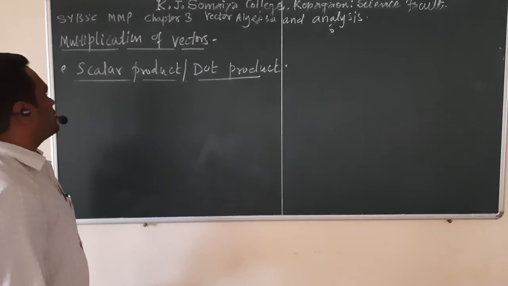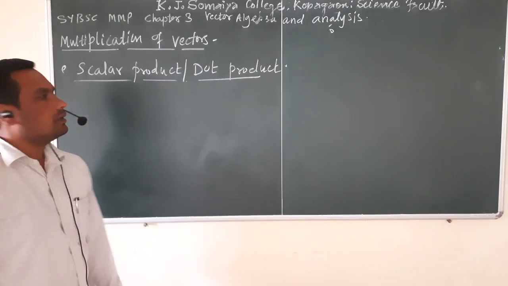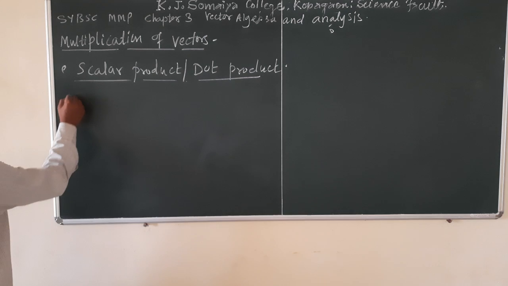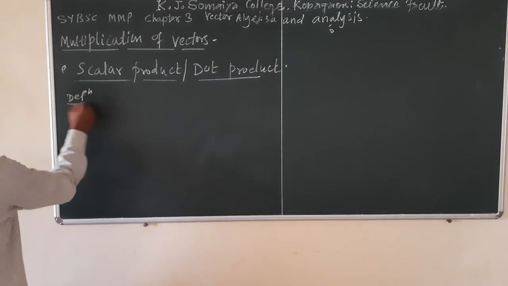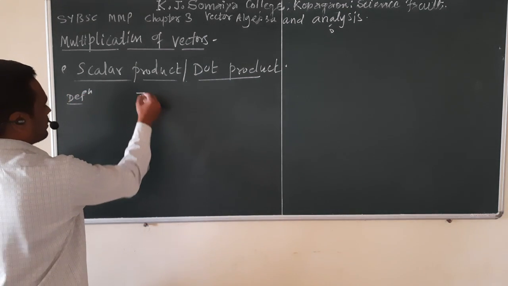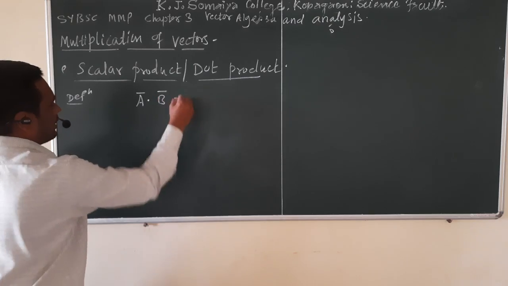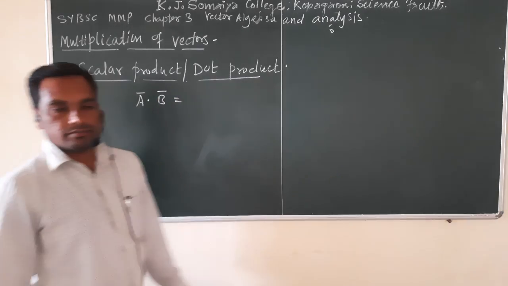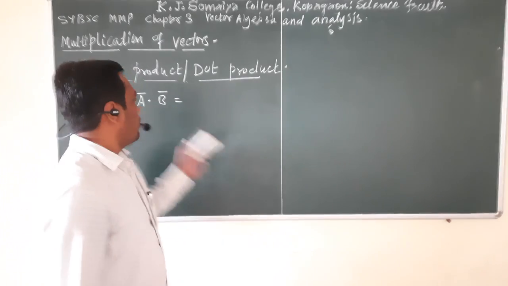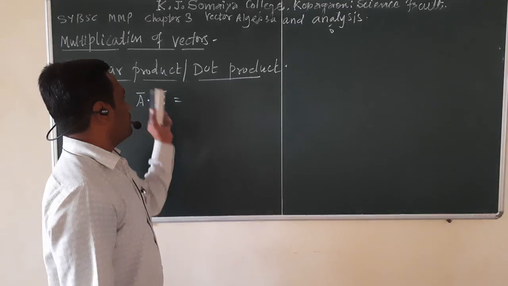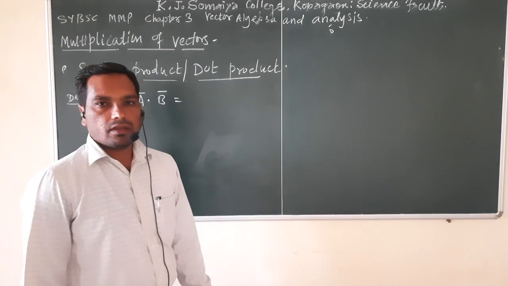To study scalar product or dot product, first of all, the definition. If we have two vectors, vector A and vector B, then how is the scalar product or dot product of these two vectors defined?